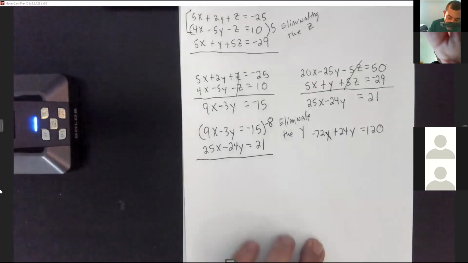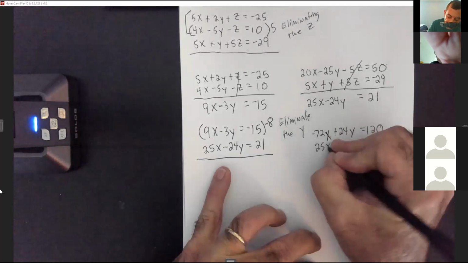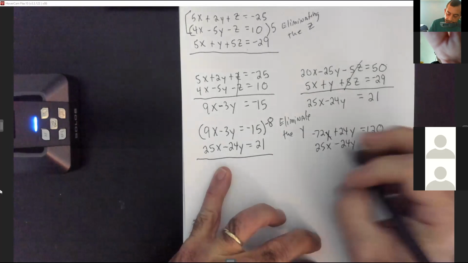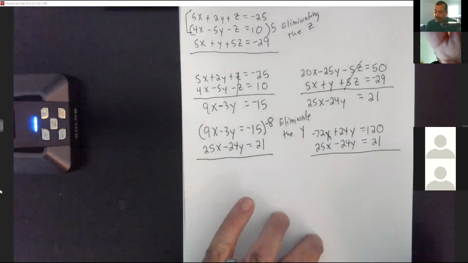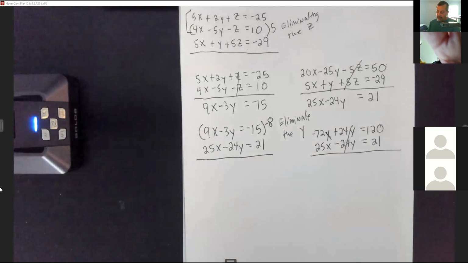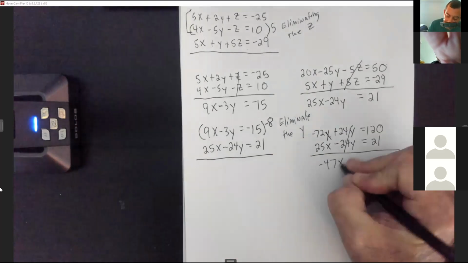This row I didn't have to change. So 25x minus 24y equals 21. But notice what happened. The y's are now going to cancel. So negative 72 plus 25 gives me a negative 47x.